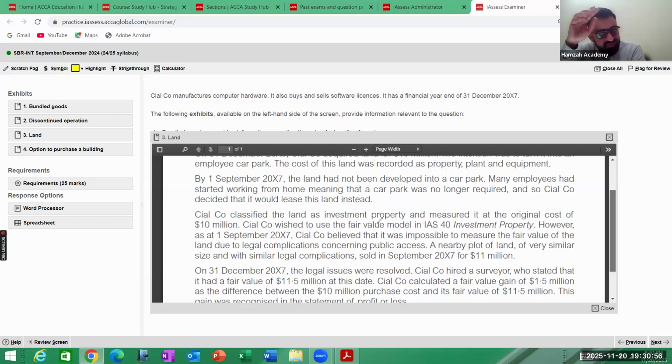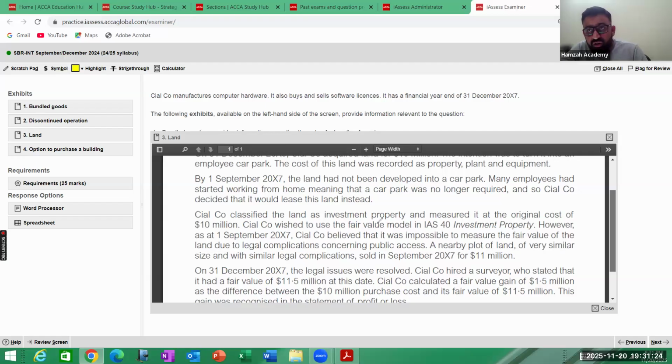And on 1st September X7, there is a transfer of this land from IAS 16 to IAS 40, from property, plant and equipment to investment property. Now, if they are using the fair value model, then the land before its transfer should be measured at fair value. And obviously the fair value should be measured reliably.